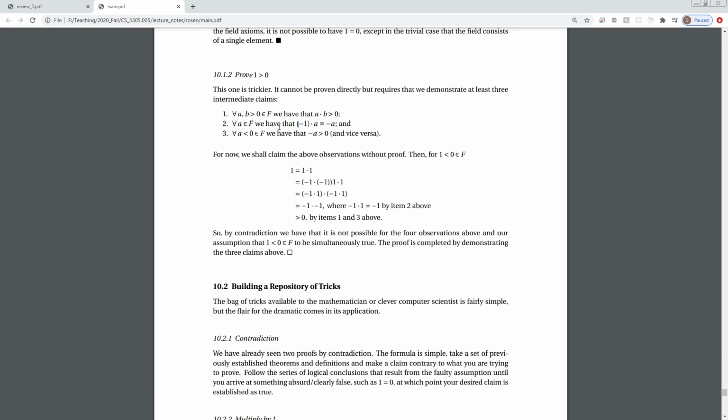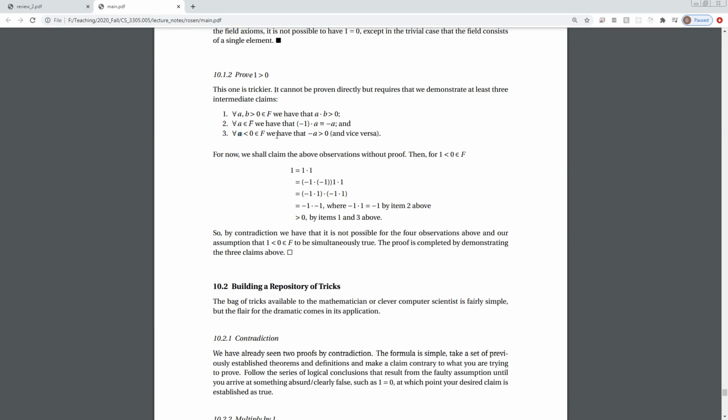So -1, while it wasn't listed in our axioms, plays a special role in constructing these additive inverses. And then you have this third assertion that if you have some number less than 0, so some negative number, then if you multiply it by -1, you get something that's greater than 0.